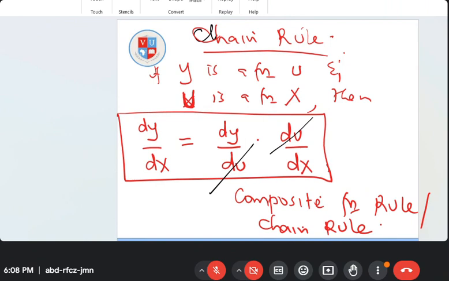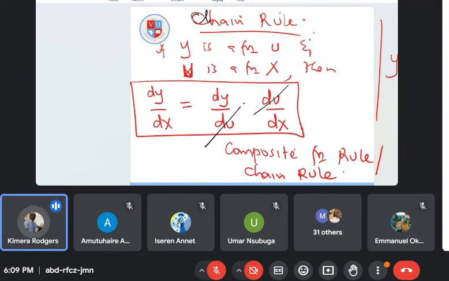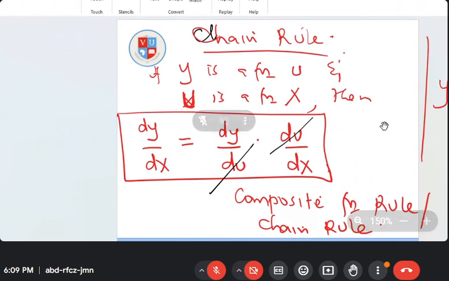You must make sure that a function, say y, is in the form of, say, (x squared minus 4x) raised to the power of n. This means we can let u be a function of this sort, and y can be a function of u to the power 10. So we are expressing y in terms of u and expressing u in terms of x.